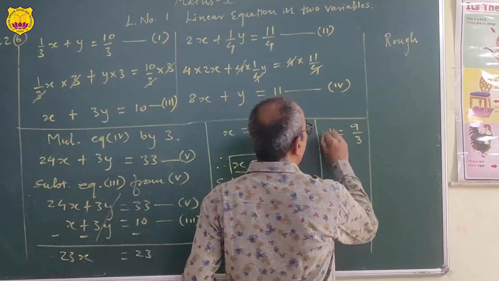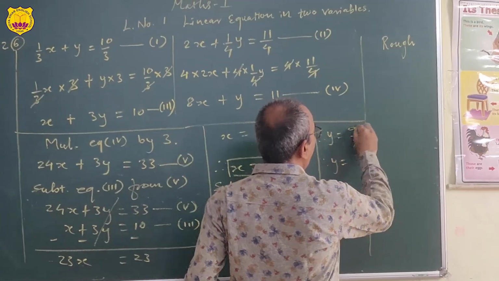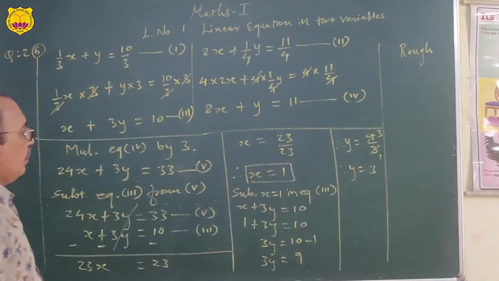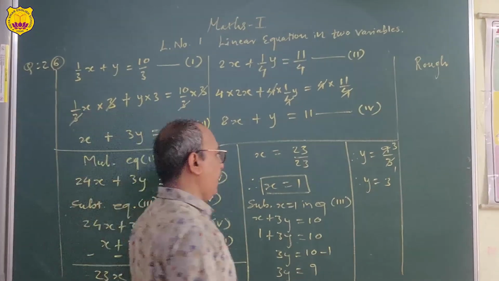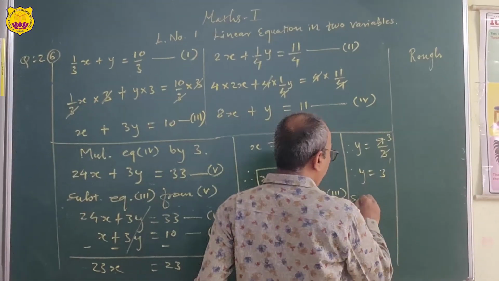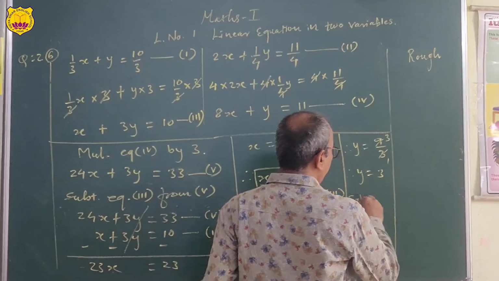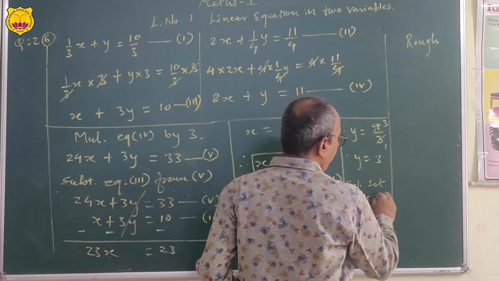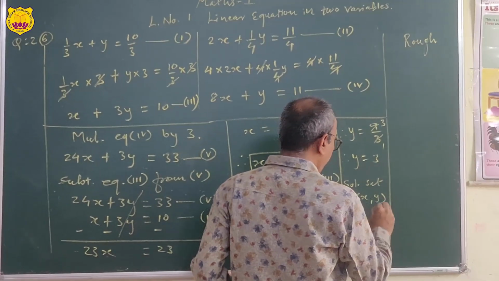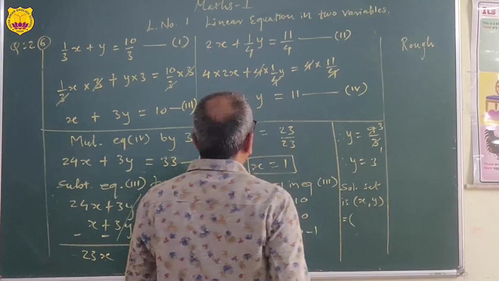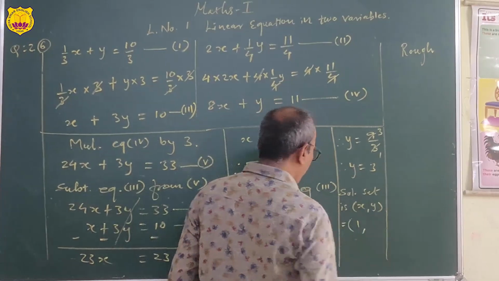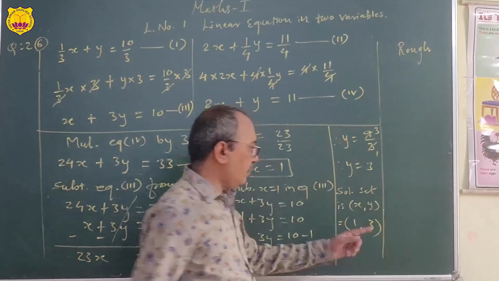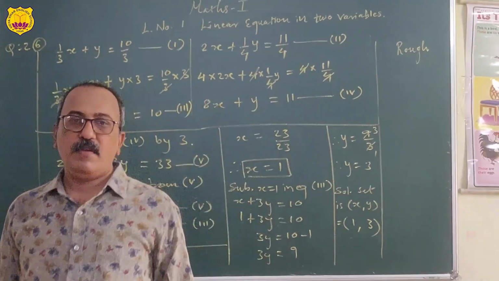Now y is equal to, 3 ones are 3, 3 threes are 9. y is 3. So here we got the solution set. Solution set is x comma y is equal to, the value of x is 1, comma y is 3. Answer is 1, comma 3. Now you can note down this.